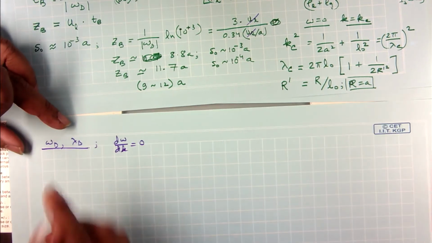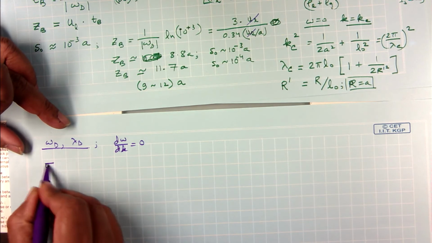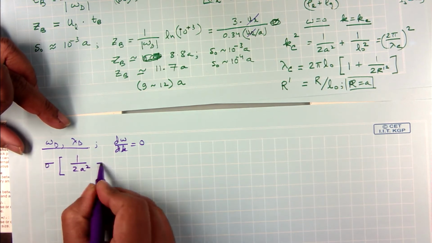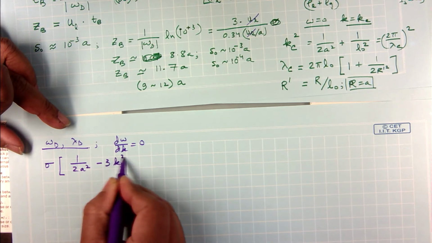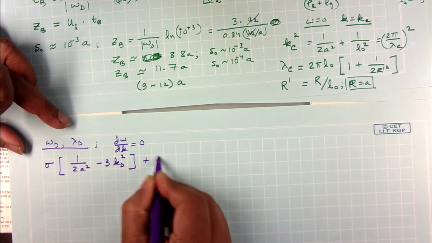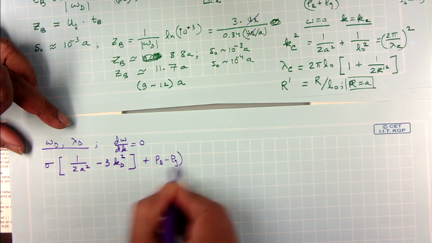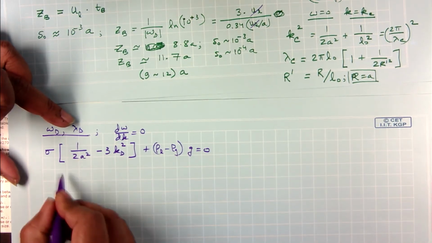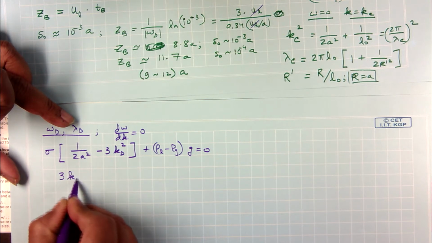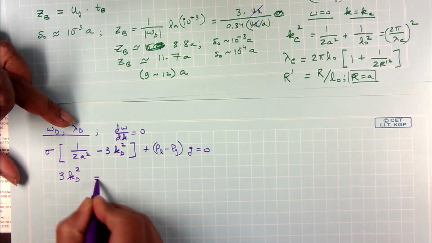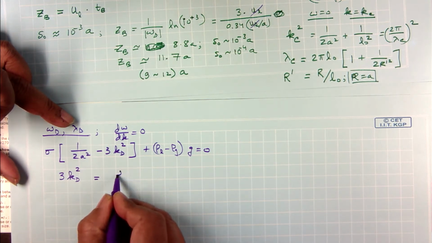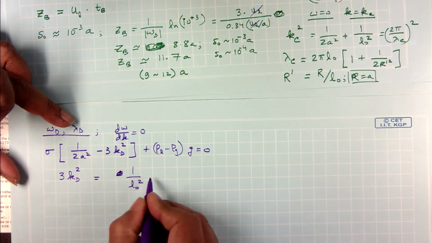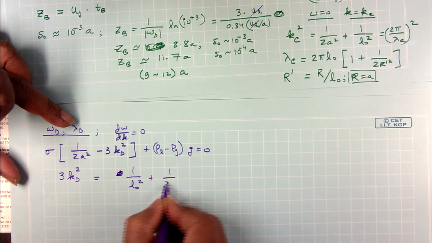If I do that, what I end up with is sigma divided by 1 by 2a square minus 3 kd square is equal to 0, or in other words, my 3 kd square is equal to 1 by L naught square plus 1 by 2a square.